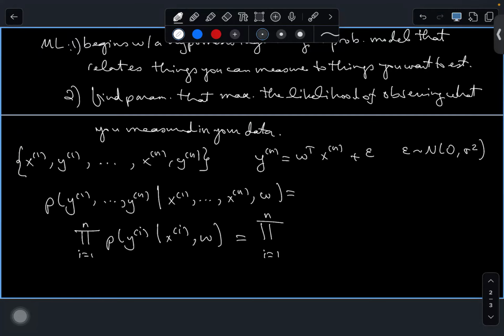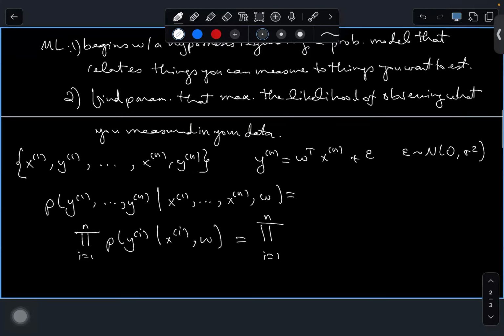Well, we can write it down. So let's see what it begins. It's 1 over 2 pi sigma squared raised to the n. This will be a sum.